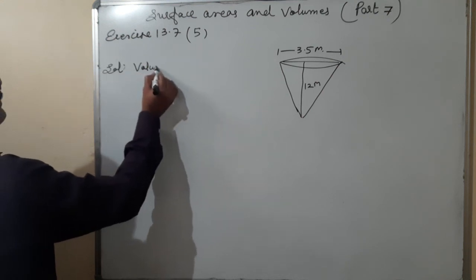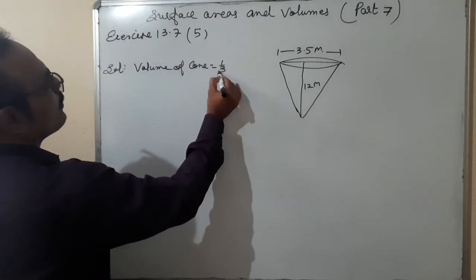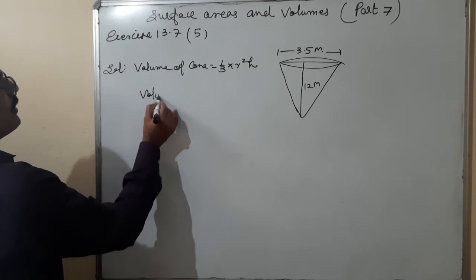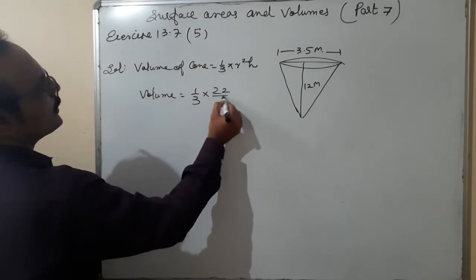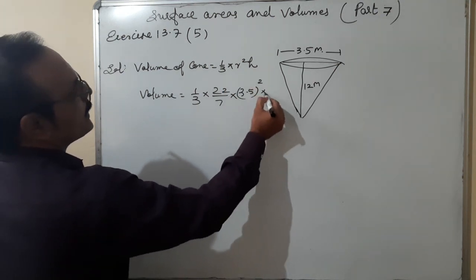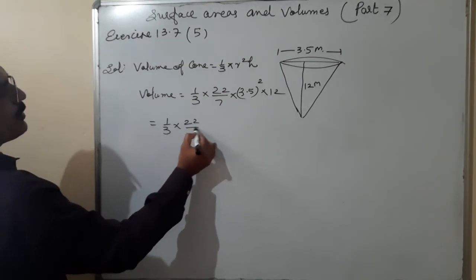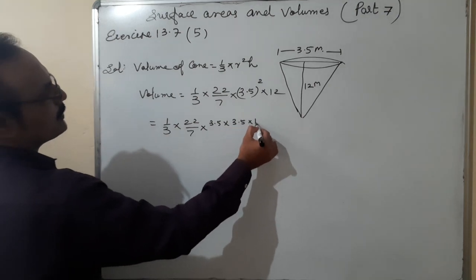Volume of cone is equal to 1 upon 3 pi r square h. Volume is equal to 1 upon 3 pi, pi is not given, so we'll put 22 upon 7. Radius 3.5 whole square into h is 12. 1 upon 3, 22 upon 7 into 3.5 multiplied by 3.5 into 12.